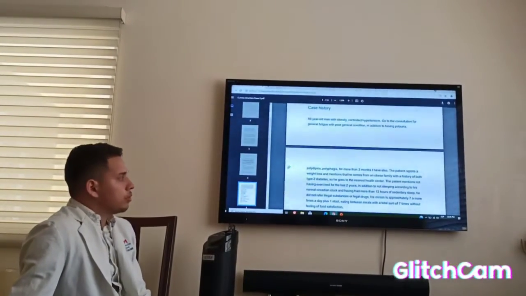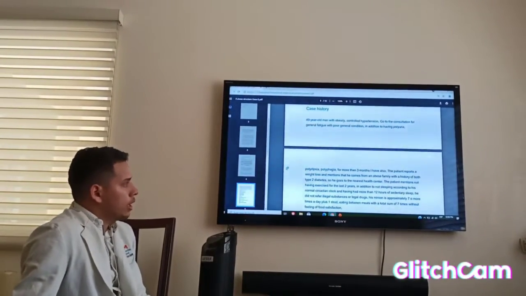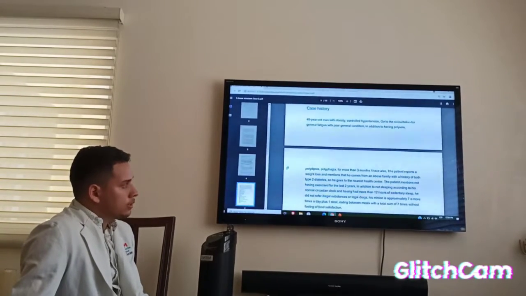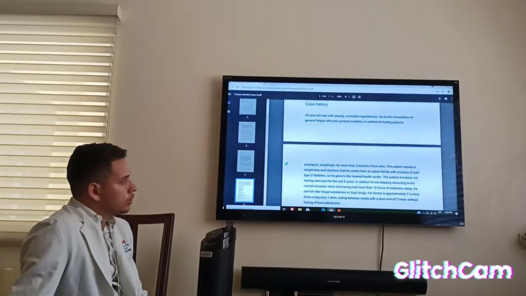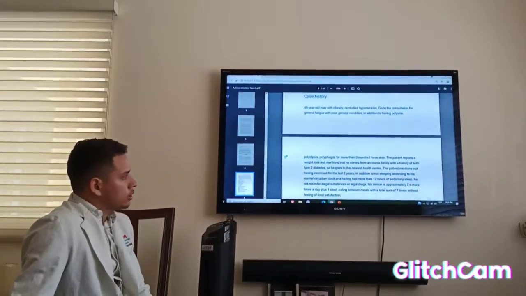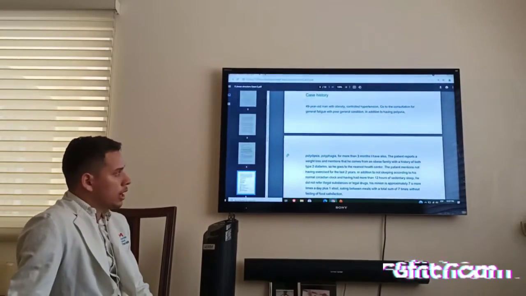The patient reports weight loss and mentioned that he comes from an obese family with a history of type 2 diabetes, so he goes to the health center.